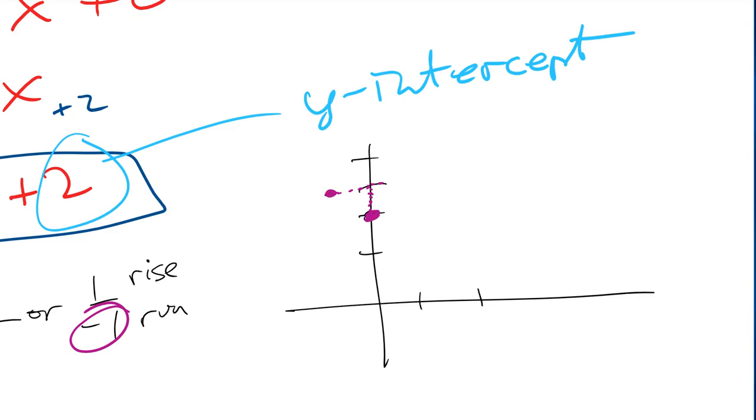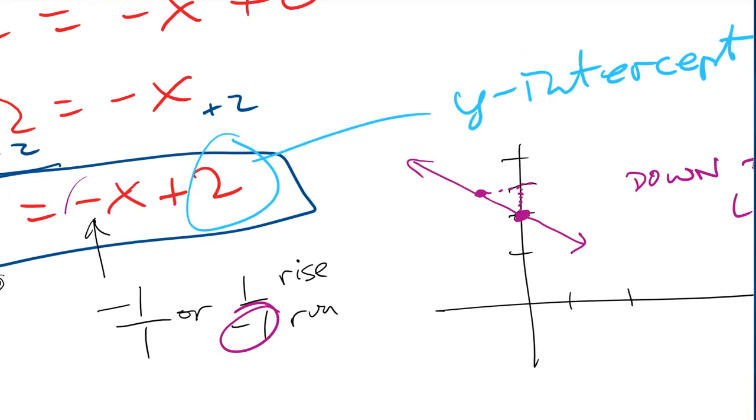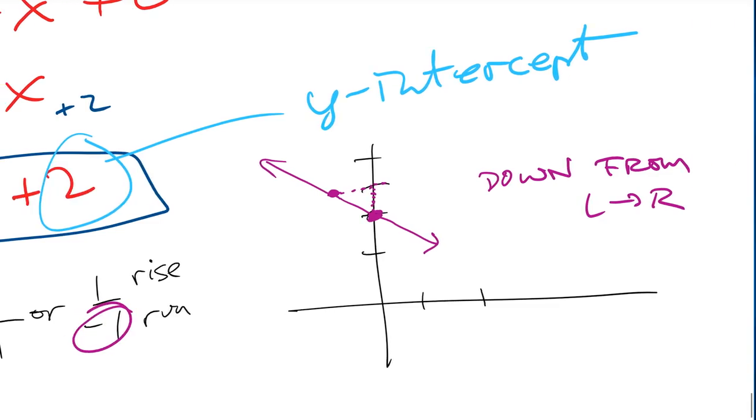And then that's your line right there. It's hard to draw on a tablet. It's a negative slope. Notice that you're going down from left to right, and the slope was negative. Sure enough, everything's working out great.